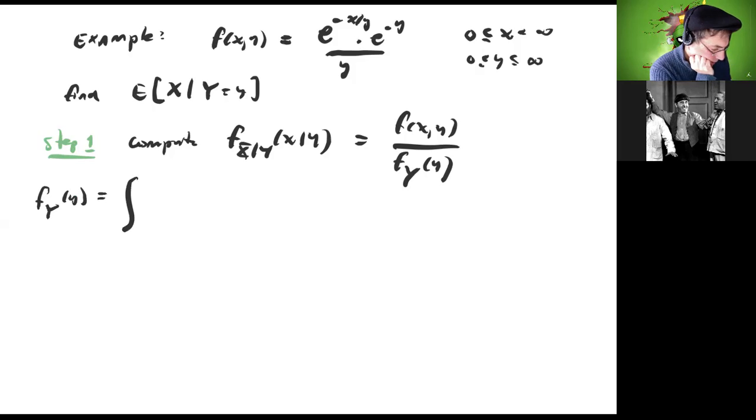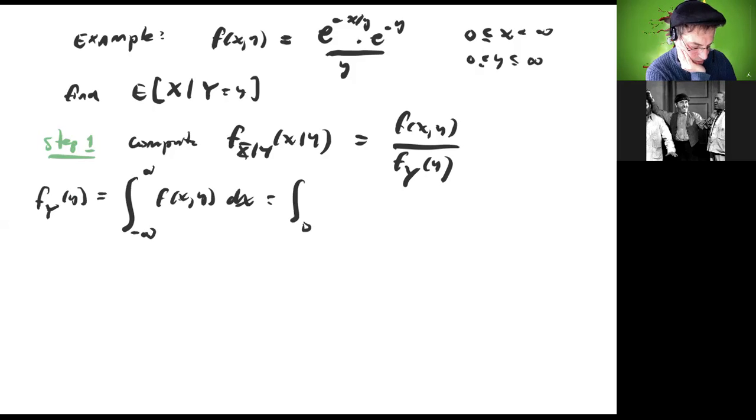Well, that's the integral from minus infinity to infinity of f of x y dx, which is the same thing as the integral from 0 to infinity, since we're in the first quadrant, x and y are only non-negative, of the joint density dx.